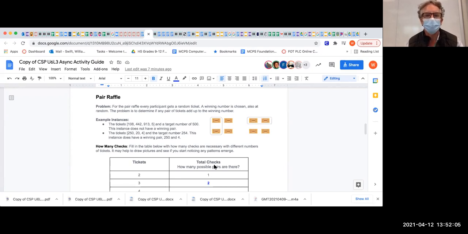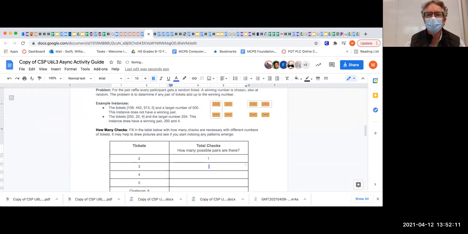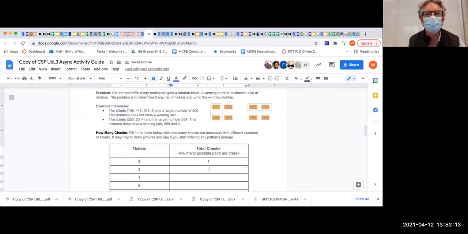How many checks? Fill in the table below with how many checks are necessary with different numbers of tickets. It may help to draw pictures and see if you start noticing any patterns that emerge.